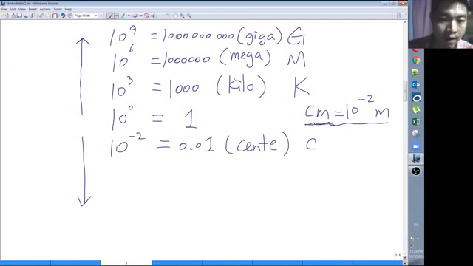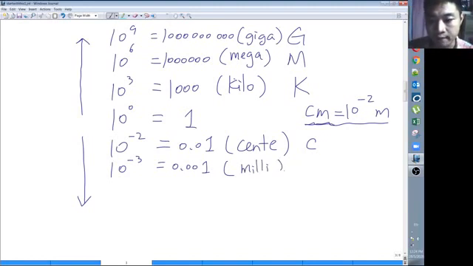Okay, now let me move one level down. You have 10 to the power negative 3, and this will give you 0.001, and you are going to use a small letter m to represent this number. Let me move down further.